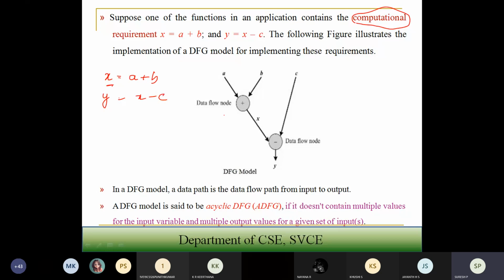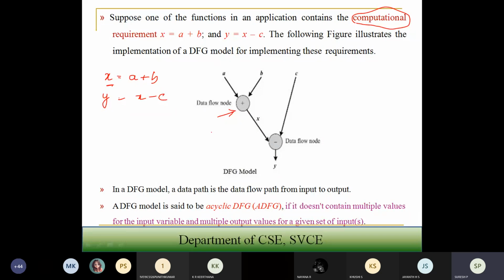As we have seen here, this is the data flow model which you are going to have. Here, the data flow represents the operation that is going to be performed.